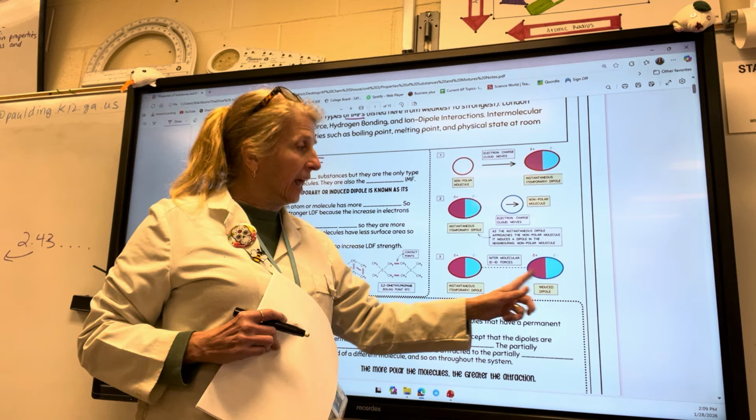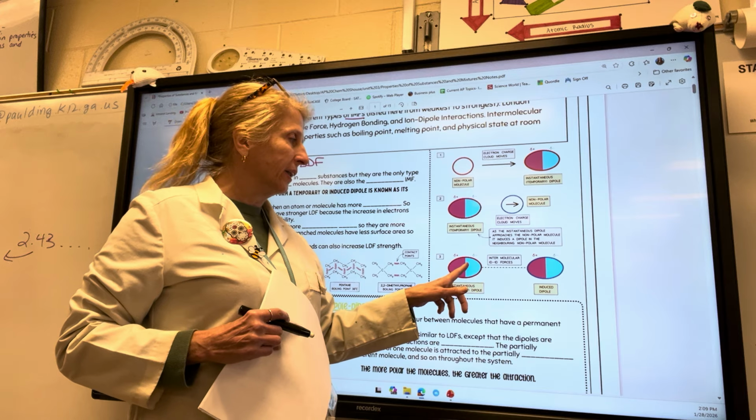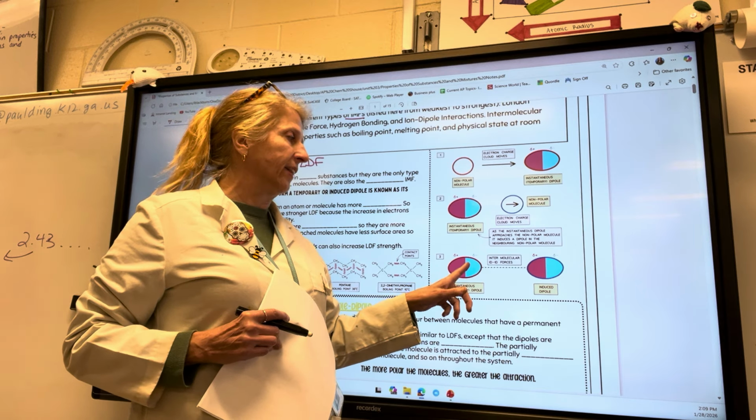So now it has a positive and negative side, and its positive side will be a little attracted to the negative side on this one. These are just momentary. They're very, very weak, but they do have just a little bit of random little forces of attraction between molecules, even nonpolar ones. Can you imagine it?